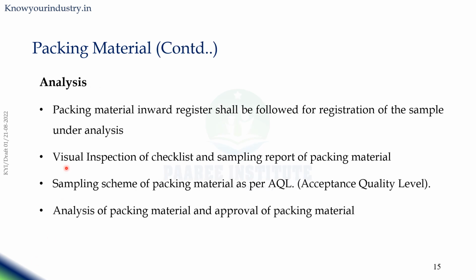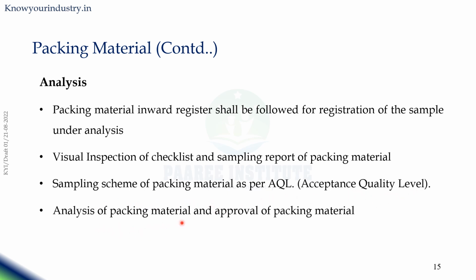The packaging materials may be analyzed for some parameters, including visual inspection based on a checklist and the sampling report, with the sampling scheme as per the acceptance quality level.